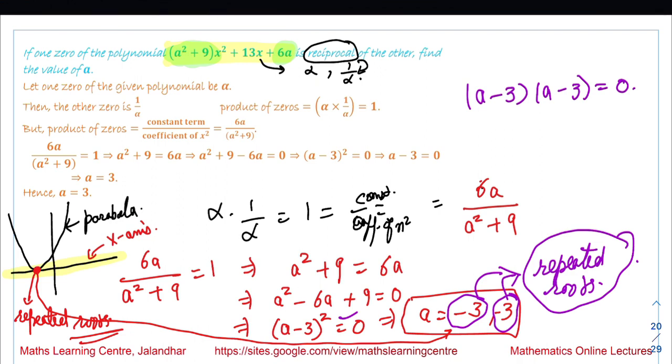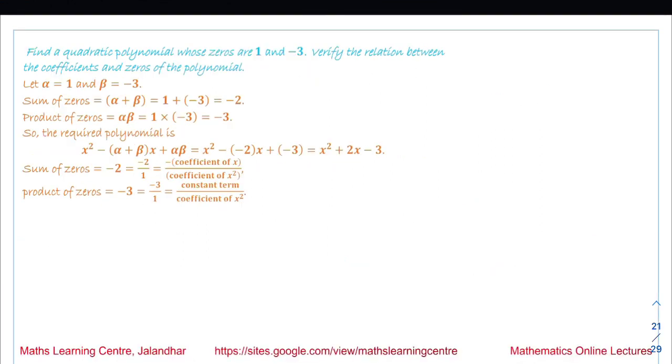Next is: find a quadratic polynomial whose zeros are 1 and -3. Verify the relation between the coefficients and zeros of the polynomial. So we have to find the quadratic polynomial. It is given that alpha is equal to 1, beta is equal to -3.